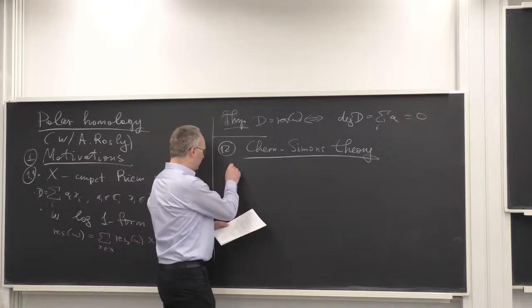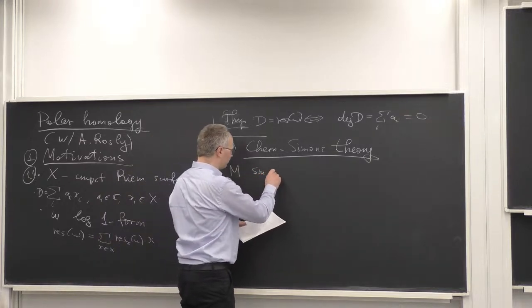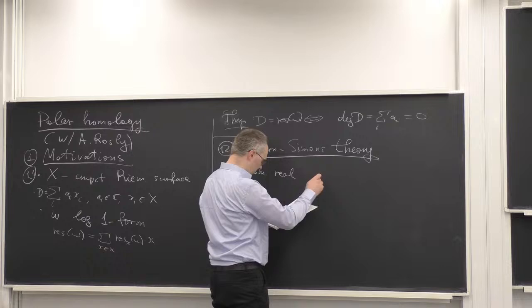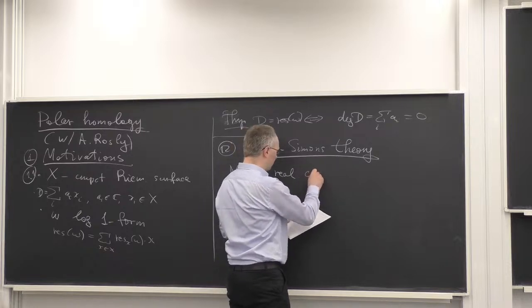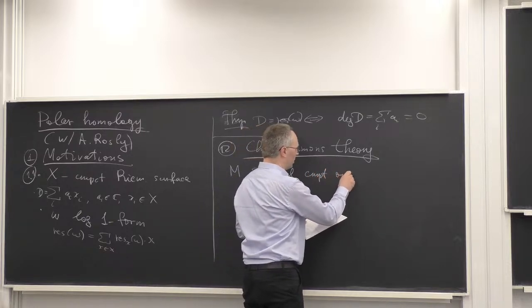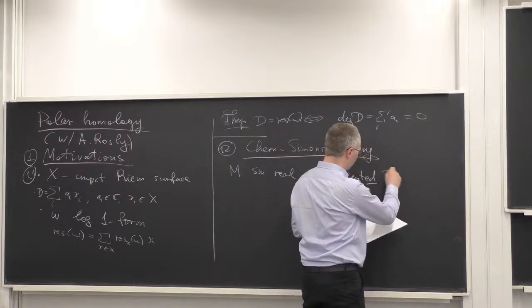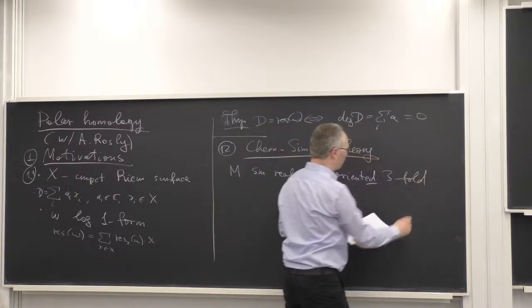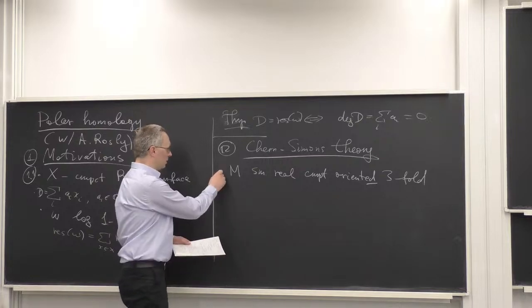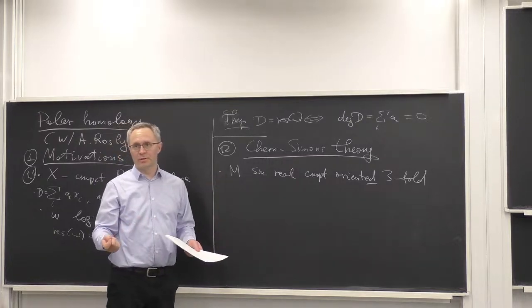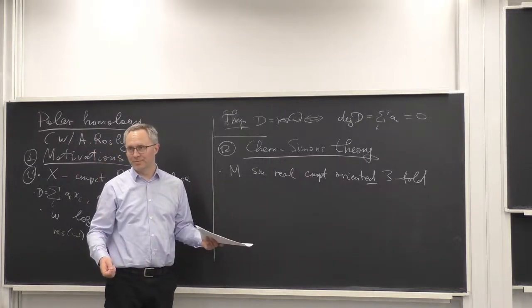So let M be a smooth real compact and oriented, so with chosen orientation, threefold. Then once we choose an orientation, we can integrate top forms on it.